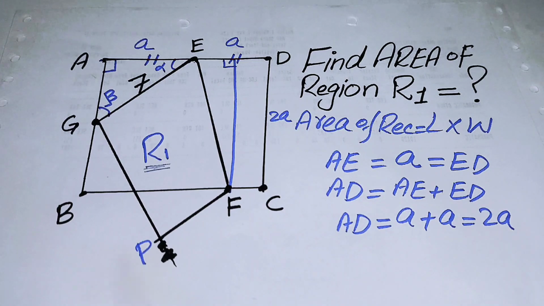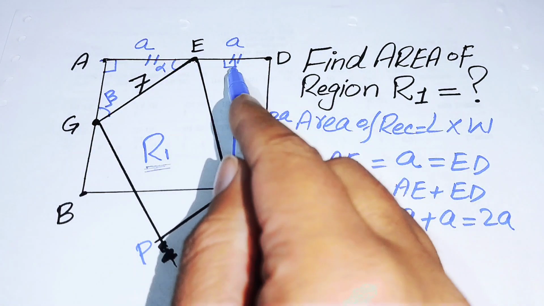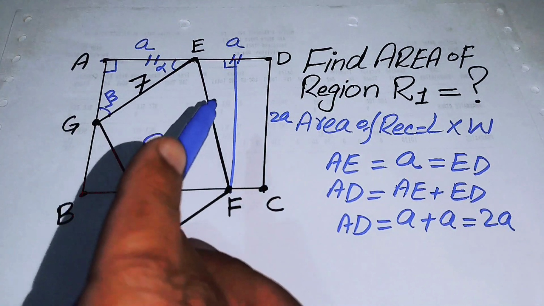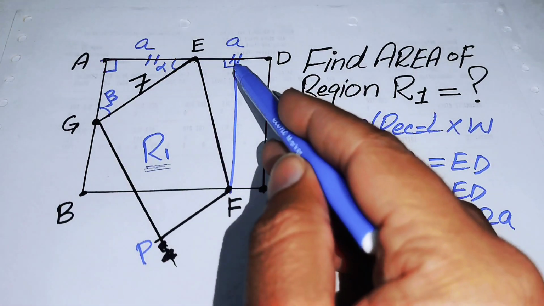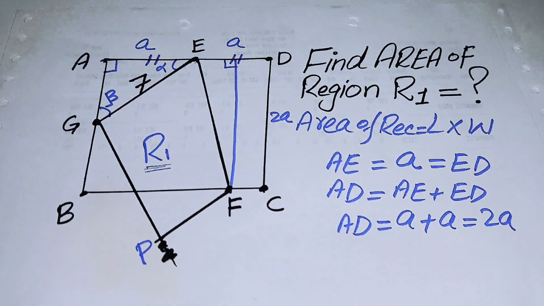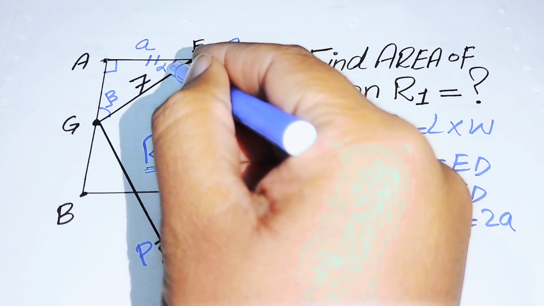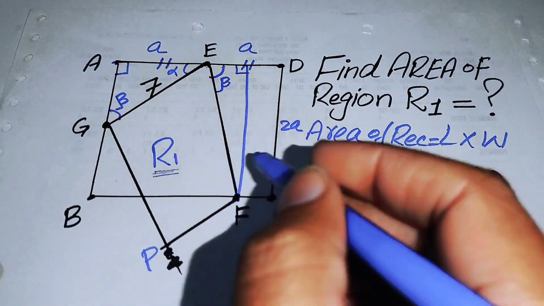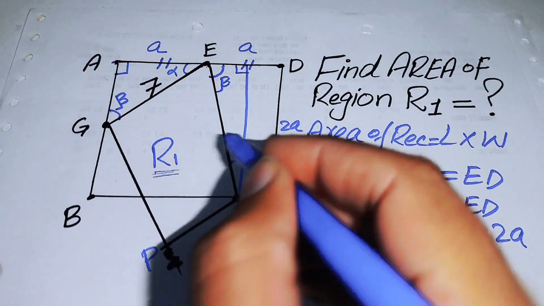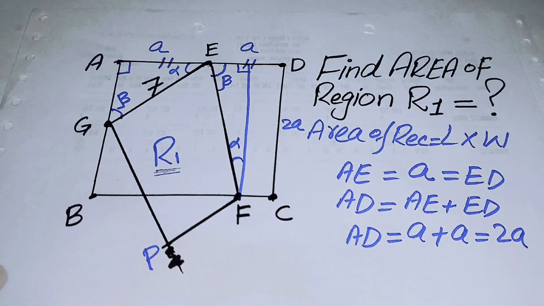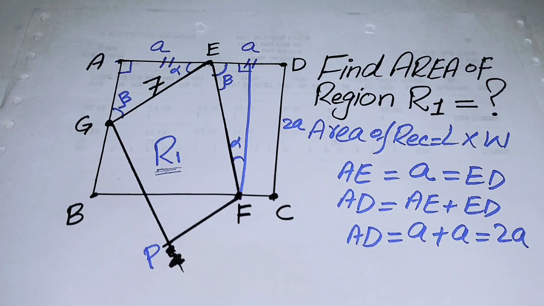Now if you see this triangle, it has a 90 degree angle, which means that the other two angles are complementary. The angle complementary to alpha is beta, so we write this angle as beta and this angle as alpha.